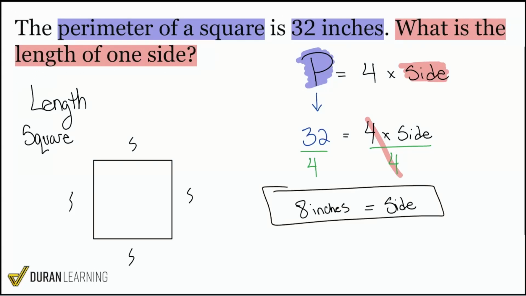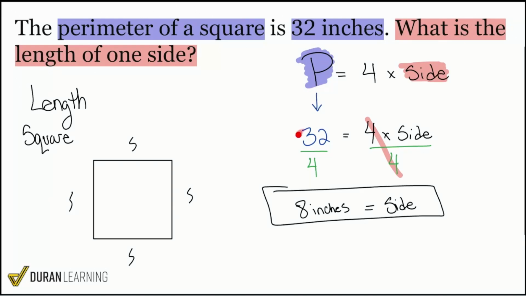This is an exercise in terms of using what we have and what we know to get what we need. So one more time, just to repeat the process here. This problem was not about trying to find the perimeter. This was about trying to find the side when you're already given the perimeter. So in this problem, we said, hey, perimeter, square, that's our formula.